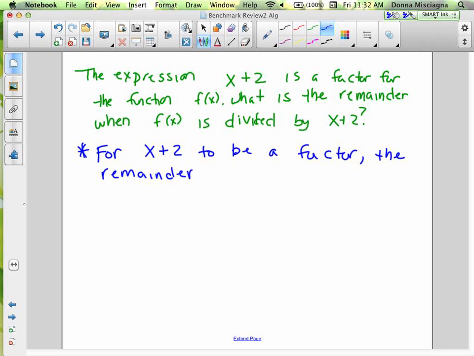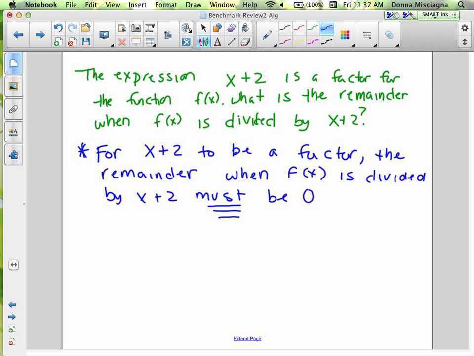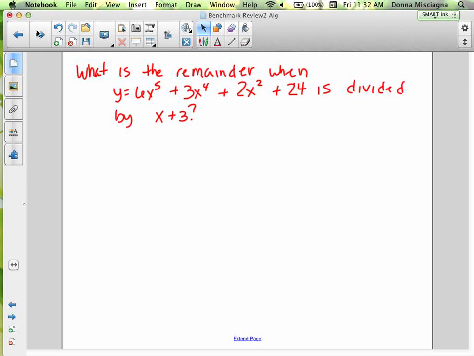The remainder when f of x is divided by x plus 2 must be 0. Right? That's the only way it's going to be a factor, right? Because we're looking for when x is 0. That first one was pretty easy now, wasn't it? You just got to remember that.